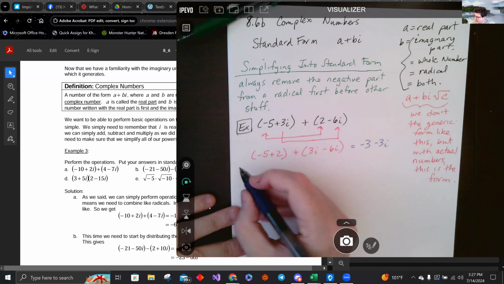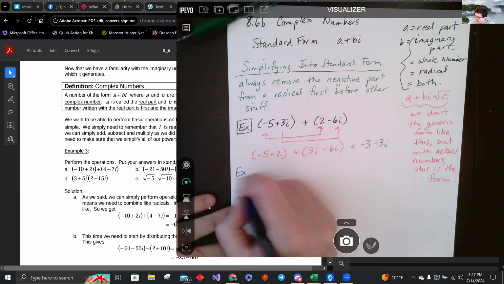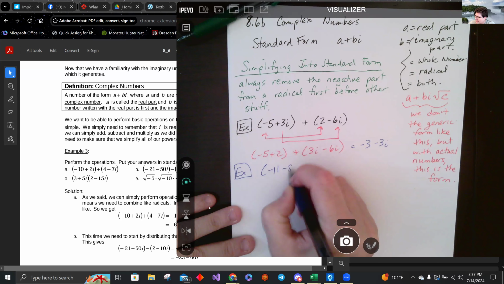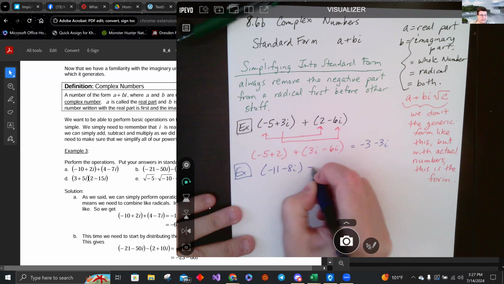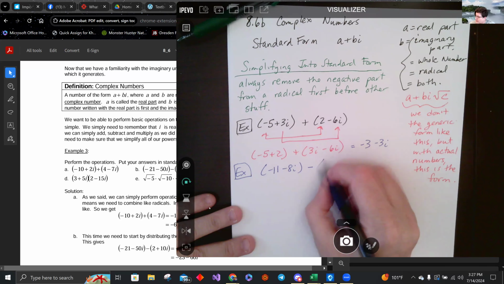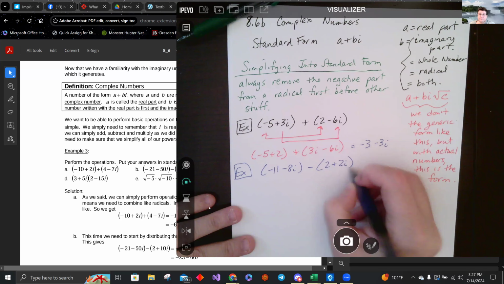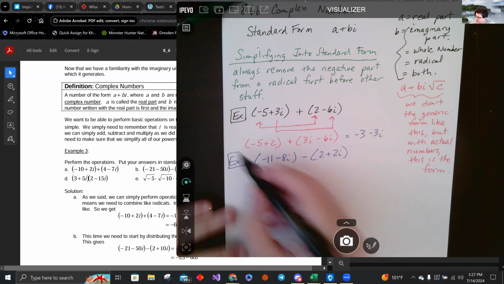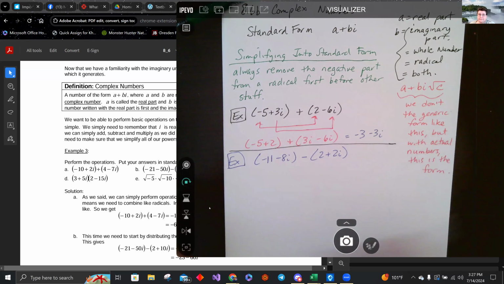All right, why don't you give one a try? Let's throw in subtraction. We'll do -11 minus 8i, then minus our second complex number, 2 plus 12i. Go ahead and pause the video and try to solve that.